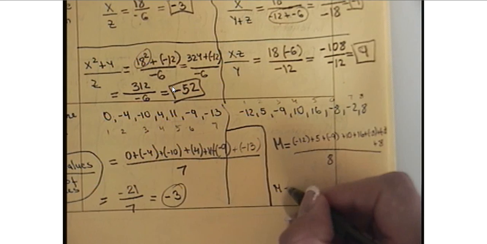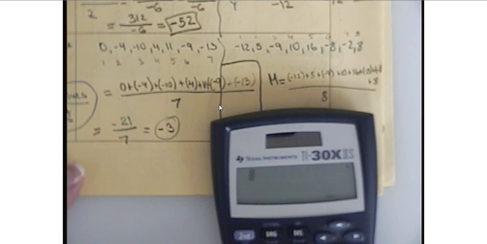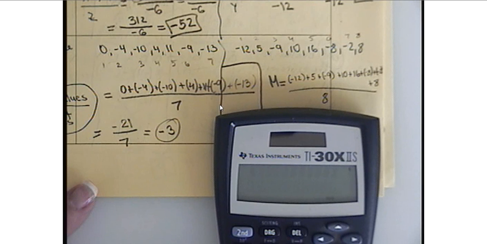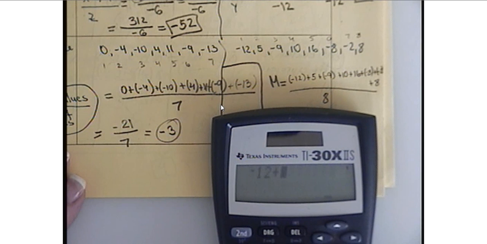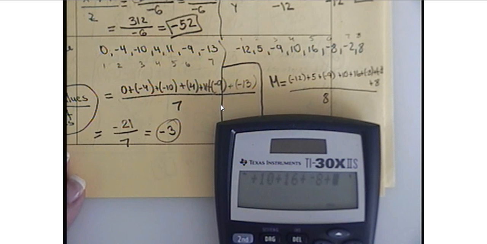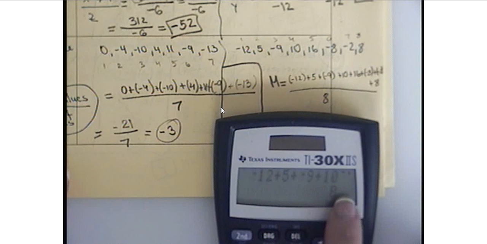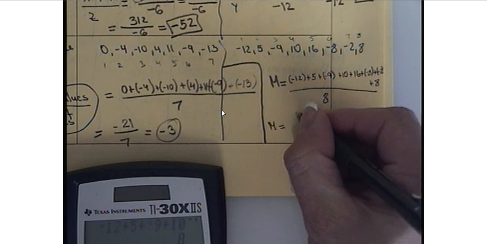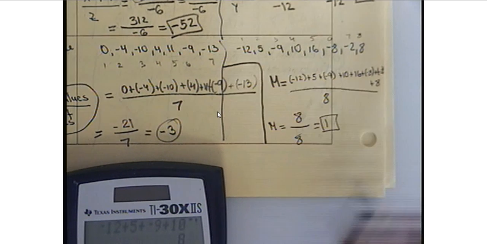So the mean will be equal to, and again, we're using the calculator just to add all the numbers. I want to show you. I'm going to start with negative 12 plus 5 plus negative 9 plus 10 plus 16 plus negative 8 plus negative 2 and plus 8 equals, so this equals a total of 8. I'm going to put 8 on the top over 8 on the bottom, and 8 divided by 8 is just 1. Final answer.